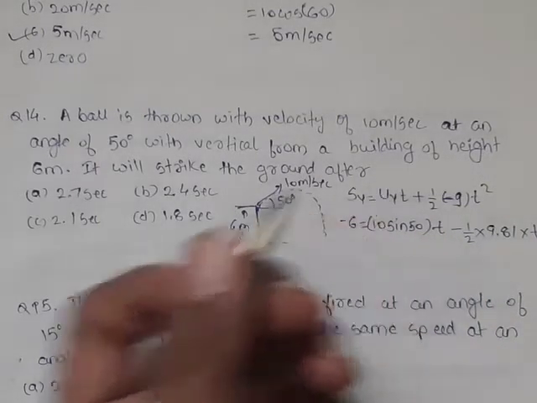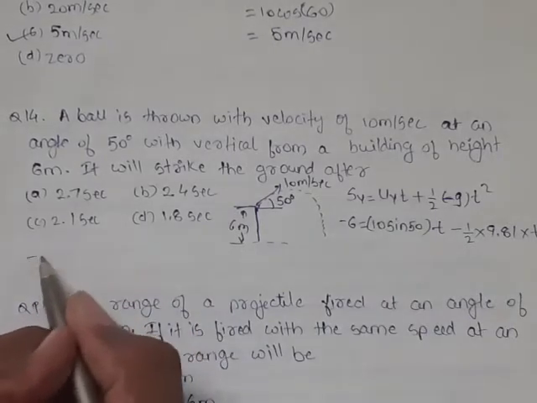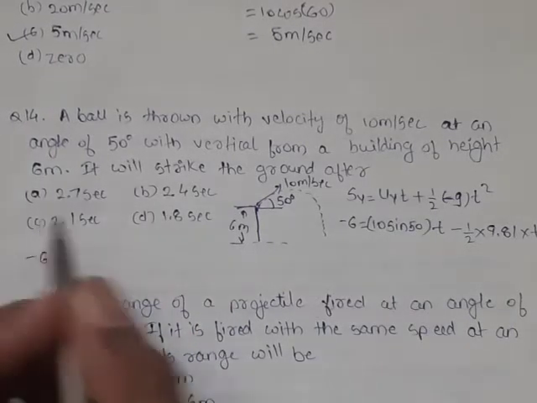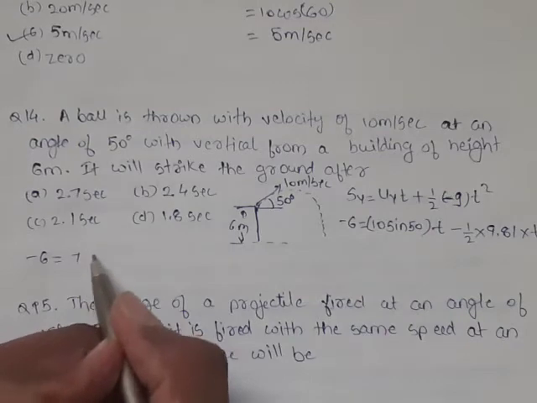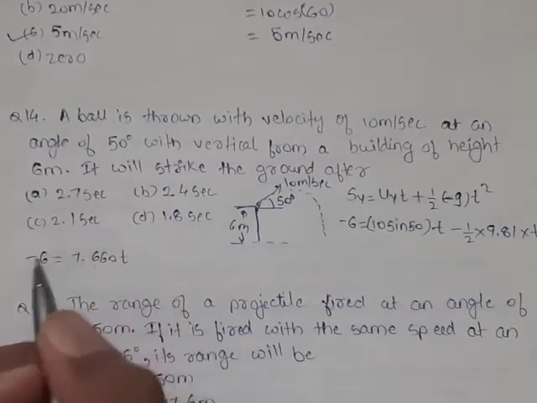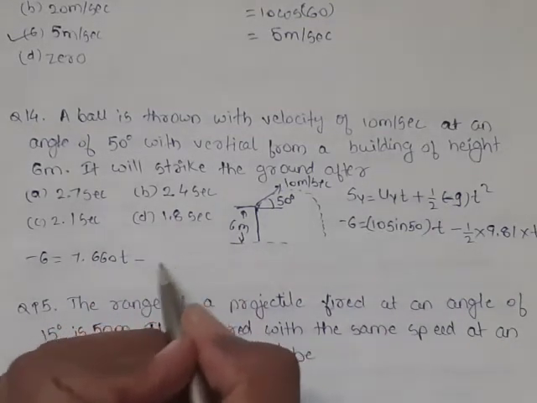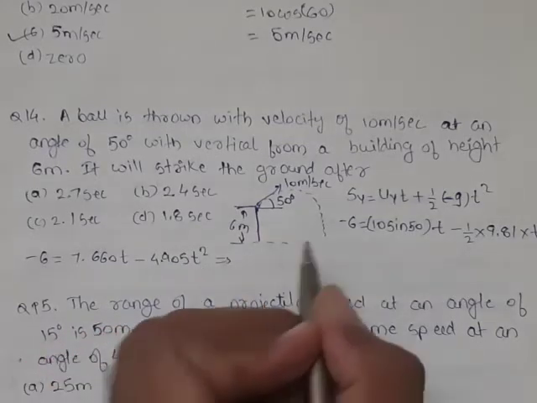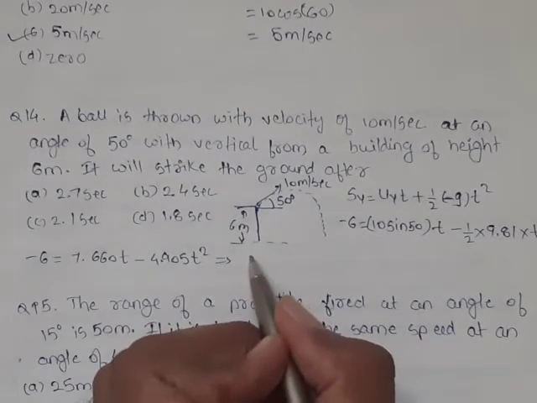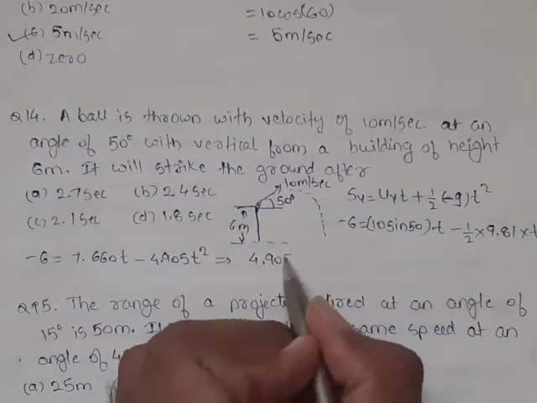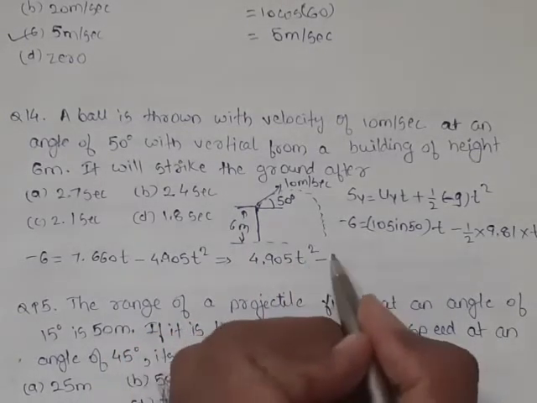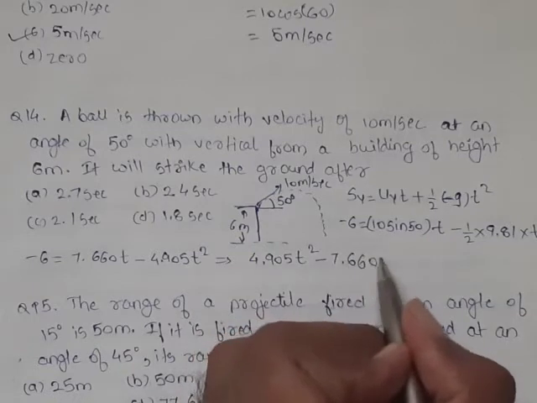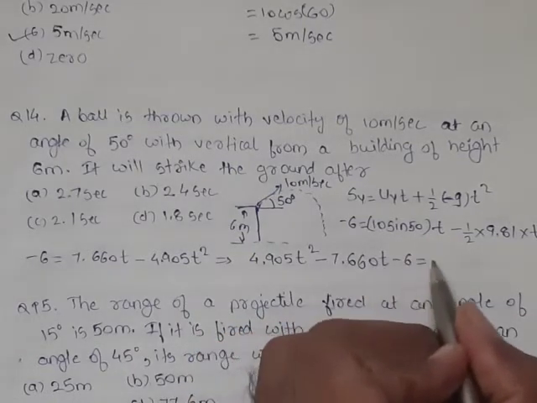On simplifying, it becomes minus 6 equals 7.660 t minus 4.905 t square. We rearrange it, taking all terms to the left hand side: 4.905 t square minus 7.660 t minus 6 equals 0.